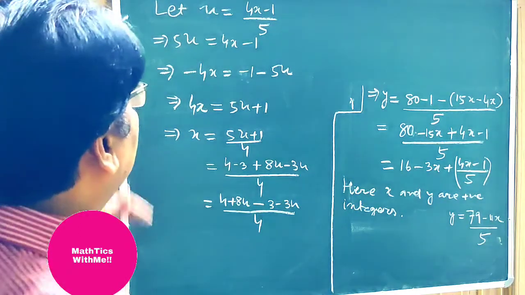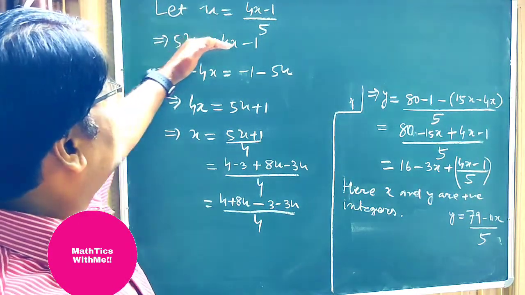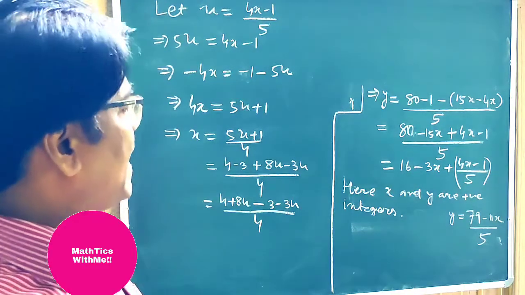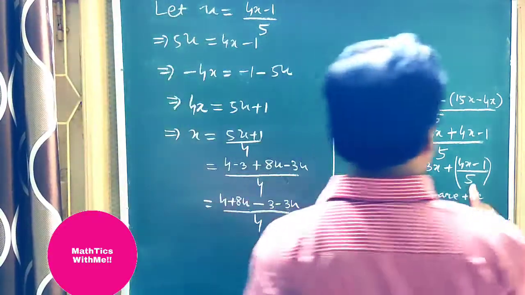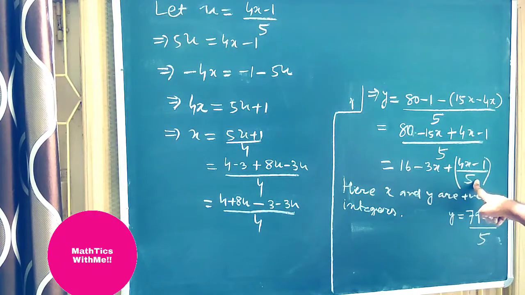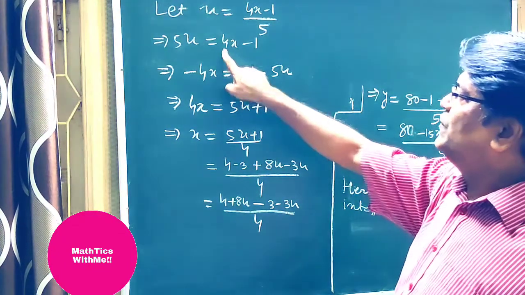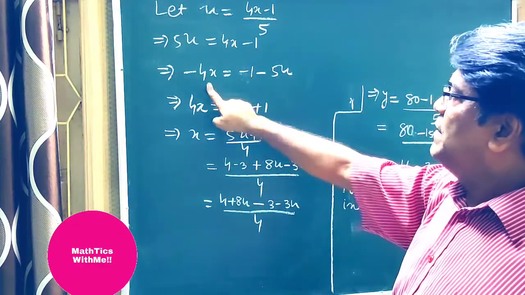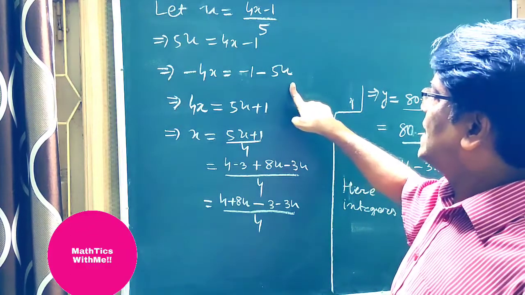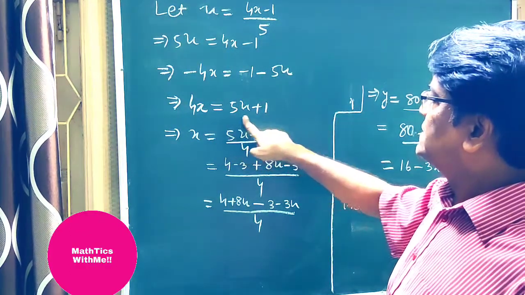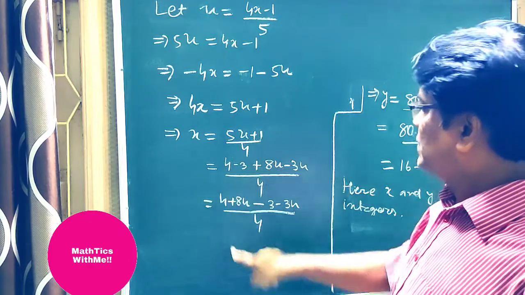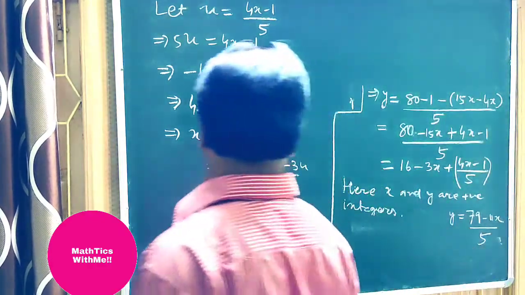So here u is equal to 4x minus 1 by 5. We have taken this expression. This is also an integer. Here 5u is equal to 4x minus 1, minus 4x is equal to minus 1 minus 5u, 4x is equal to 5u plus 1. So x can be written like this.